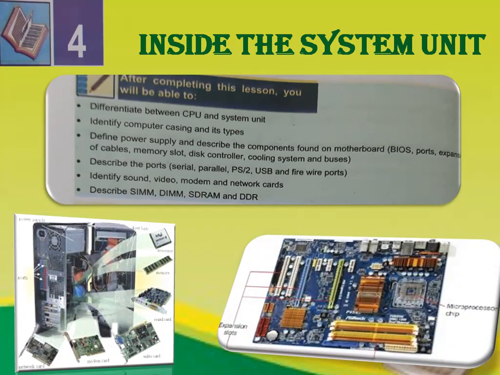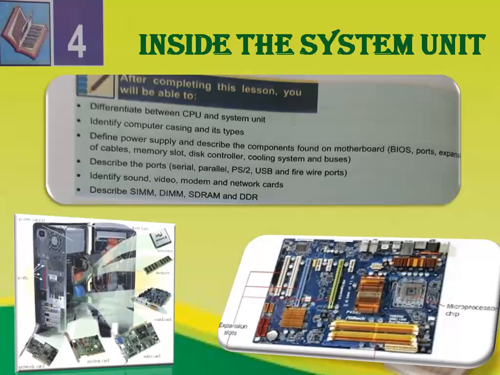Secondly, identify computer casing and its types. Thirdly, define power supply and describe the components found on the motherboard: BIOS, ports, expansion cables, memory slot, disk controller, cooling system, and buses.